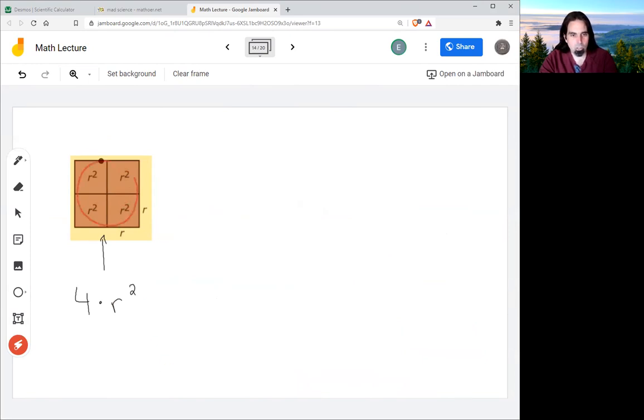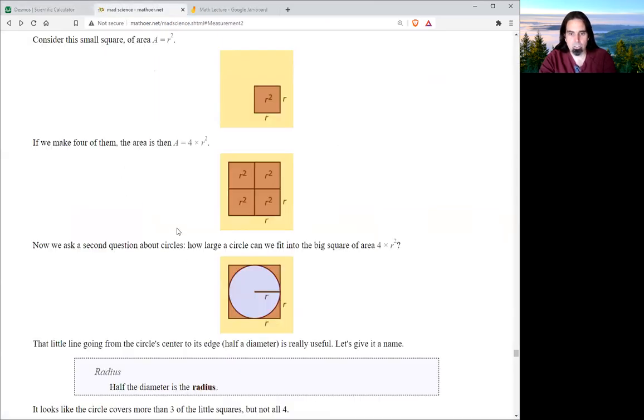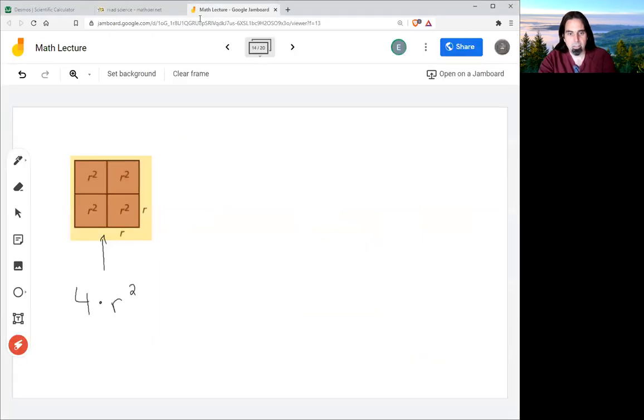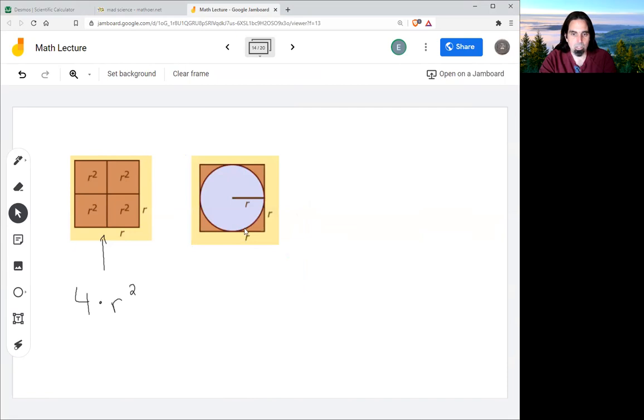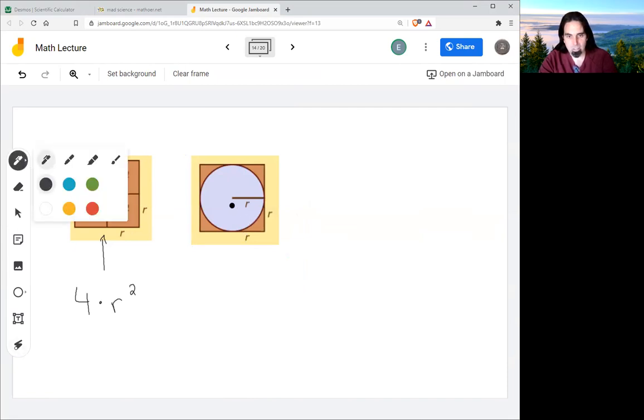Then I'm going to draw the biggest circle I can that barely fits inside. And now you can see why I called it r, because it's the same as the radius. Right? This length here is the same as that length there that we started with at the beginning of this.